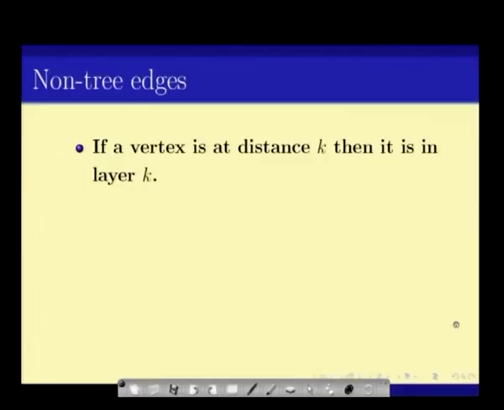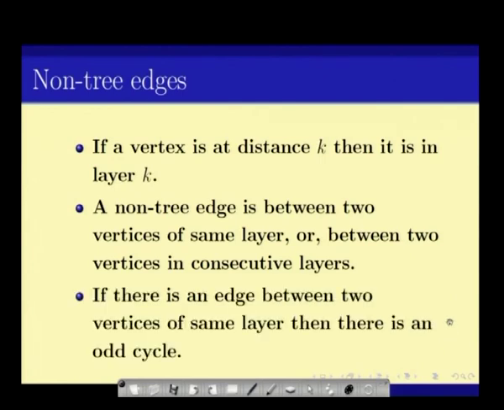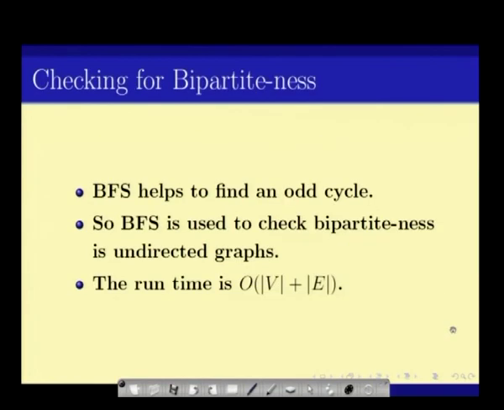If a vertex is at distance k, then it is in layer k, then a non-tree edge must be between 2 consecutive layers, and if there is an edge between 2 vertices of the same layer, we get an odd cycle. So, checking for bipartiteness is just running the BFS algorithm and checking whether there exists an odd cycle. The runtime is order V plus E.